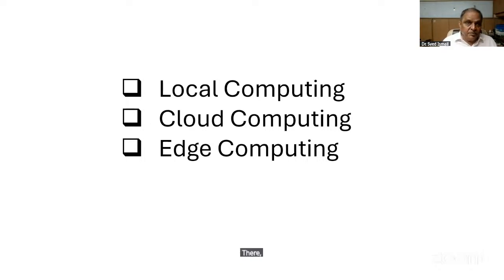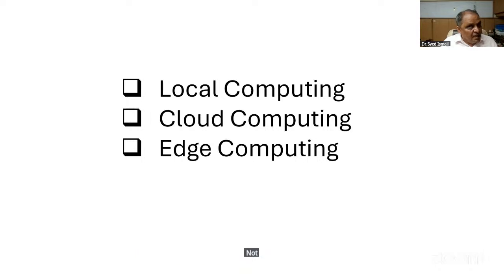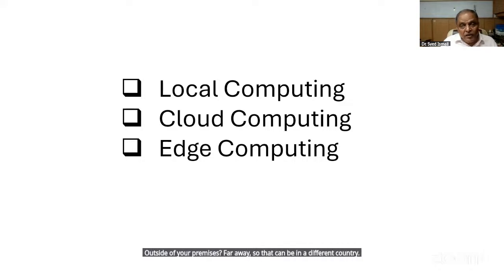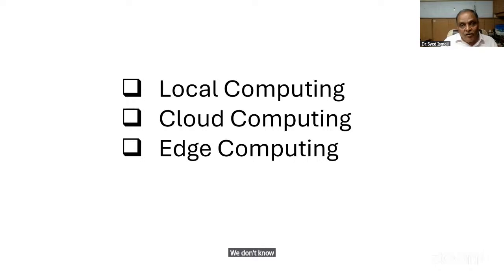You don't depend much on the internet outside, maybe not at all. Cloud computing means you always use the internet, with hosted computers, computers outside your premises, far away. It can be in a different country. It need not be one computer, it can be 10 computers shared. We don't know. That is called cloud computing.